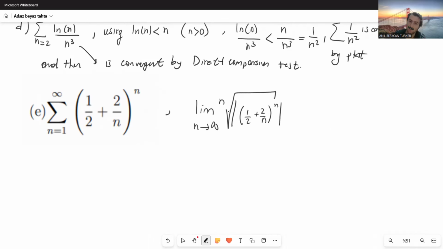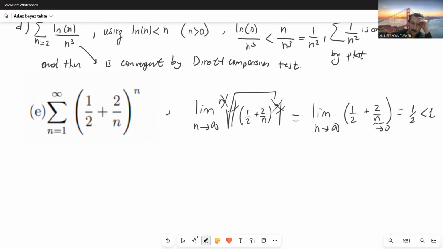Okay. So everything is positive, so no need for these absolute values. So it's like limit n goes to infinity. So these n's are gone. So we have 1 over 2 plus 2 over n. So this is going to be 0. This limit is 1 over 2, and this is less than 1.